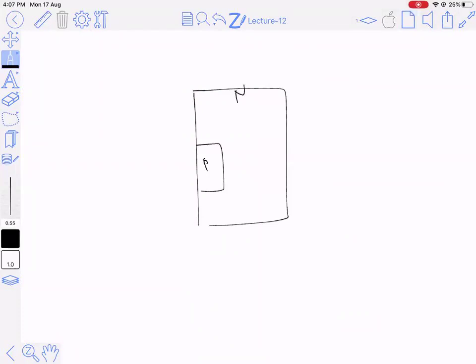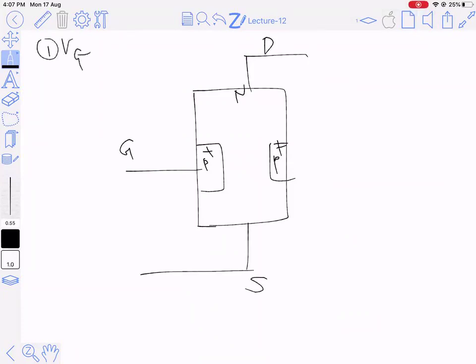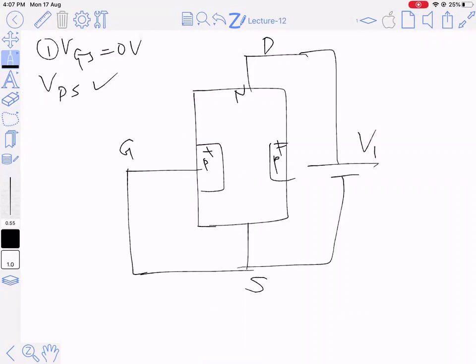You have P plus on either region, shorted both, you have gate, this is your drain, this is your source, right? So first condition is when you're applying VGS as 0 volts and you're applying some value of VDS. So VGS is 0 means it is shorted. And you're applying VDS, so you have to connect a battery and say VDS you're applying as 1 volt.